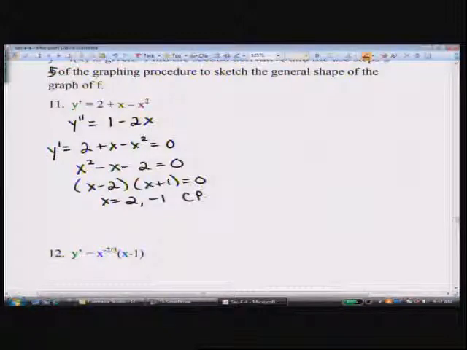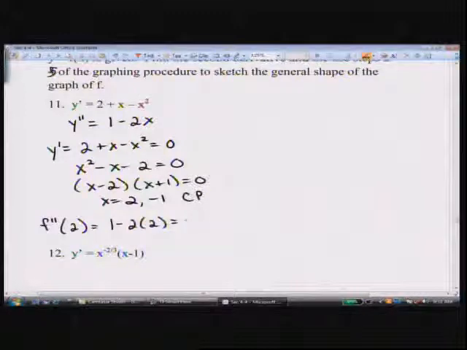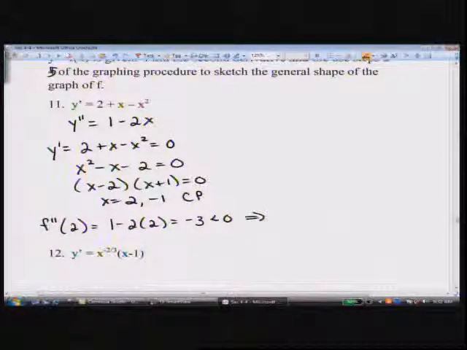And just for fun, let's use the second derivative test to determine whether these critical points are maxes or mins. The second derivative at 2 is 1 minus 2 times 2, which is negative 3, less than 0. So what do we have at 2? If we are concave down at 2, then 2 is a max.